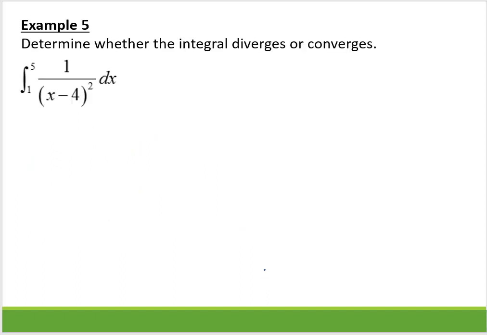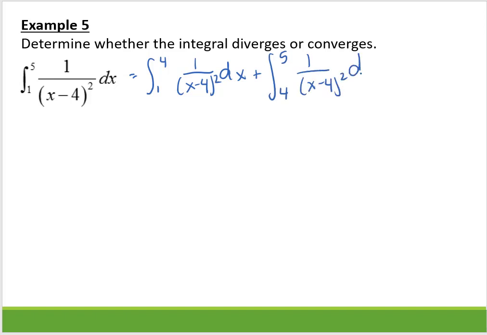Okay, another example. This is one where I have a discontinuity, an asymptote at 4. So I have to split this up into 1 to 4. Okay, so now I have the limit as b goes to 4 from numbers a little bit less of my 1 to 4.